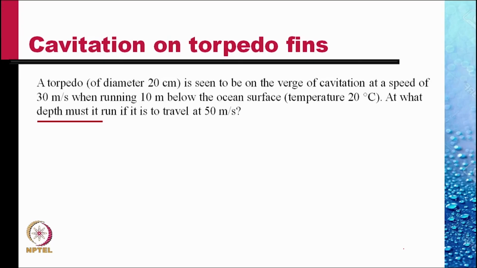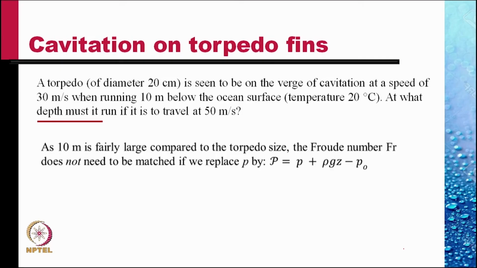At what depth must the torpedo run if it is to travel 50 meters per second? If we want to run it faster, then the pressure difference would be larger. So if cavitation is not to occur, the ambient pressure should be larger. So the depth of the torpedo run must be more.